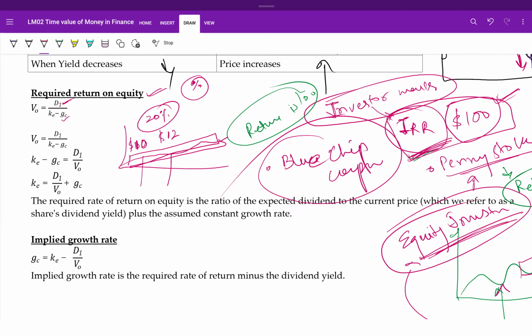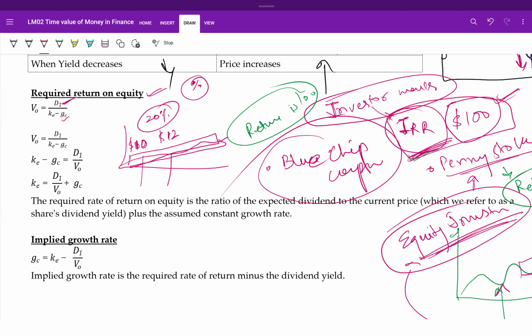This is why the dividend is very important for an investor. The history of dividends is very important for an investor. And this we can observe in the market to derive the implied required rate of return on equity, given our assumptions about future cash flows.